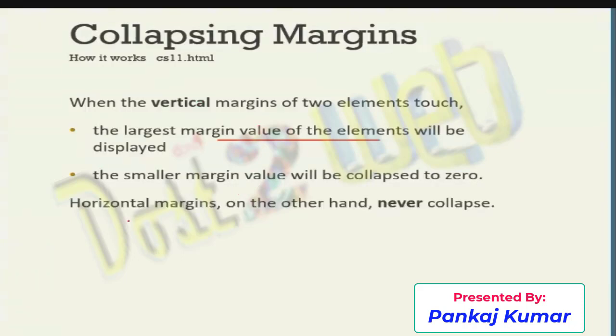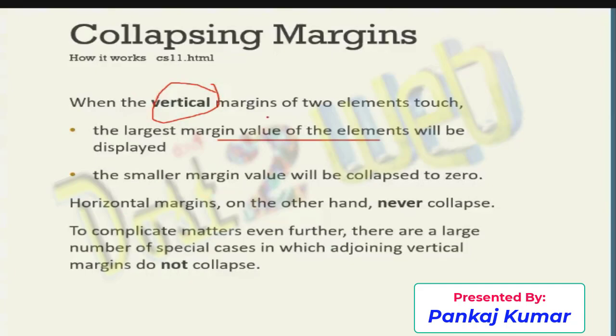And if you have any horizontal margin, it will never collapse. It will remain the same. So only in the case of vertical margin do you apply this rule for collapsing the margin.